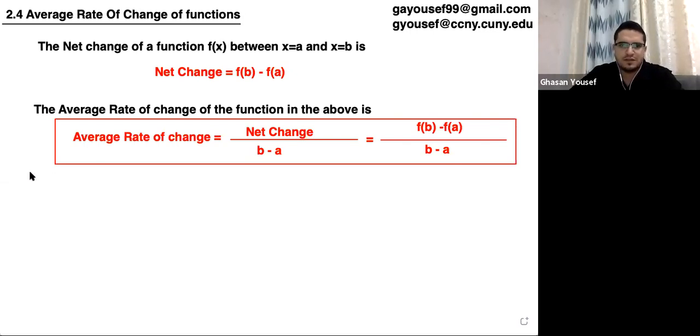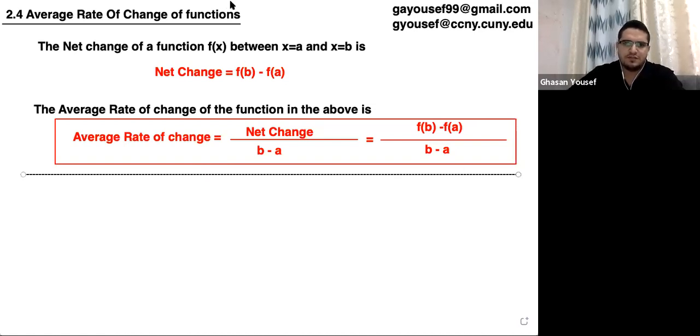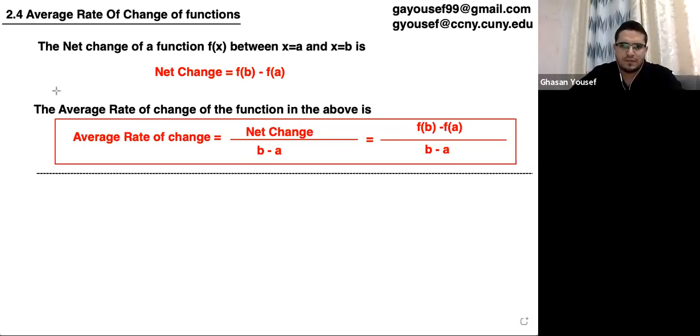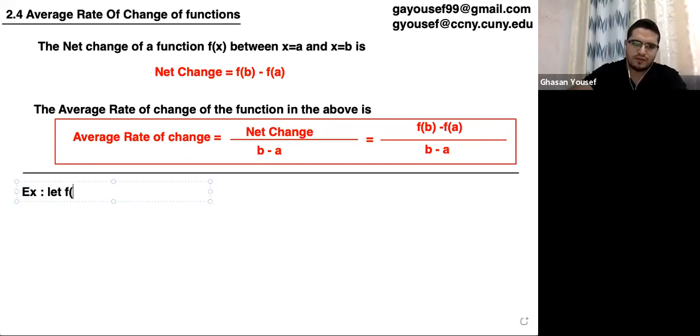Now there is an example about the average rate of change. Suppose I have a function f of x equal 3x minus 5.